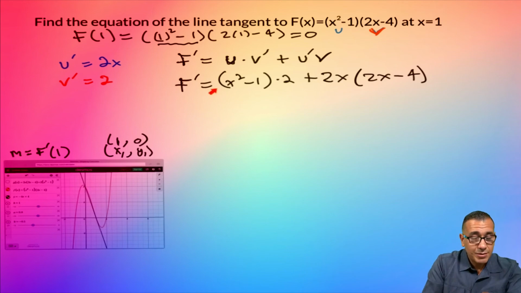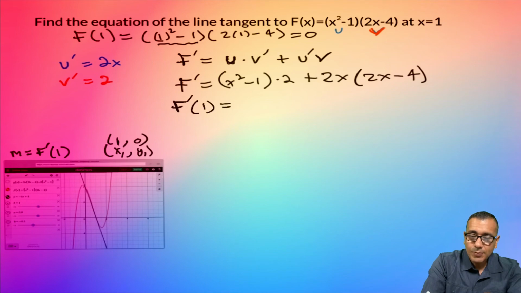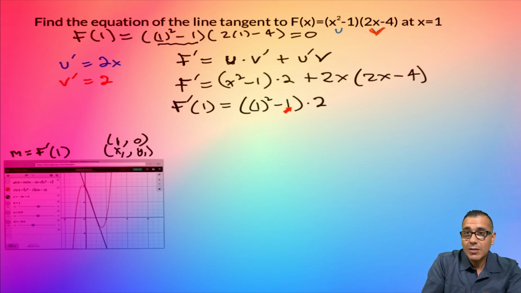So in this particular instance, they're saying x equals 1. So let's look at the derivative at the point 1 comma 0, because now I know that y value. So let's go ahead and plug in 1. So we're going to get 1 squared minus 1. That's going to give me 0. So I know this whole first piece is going to 0, because here I have 1 minus 1.